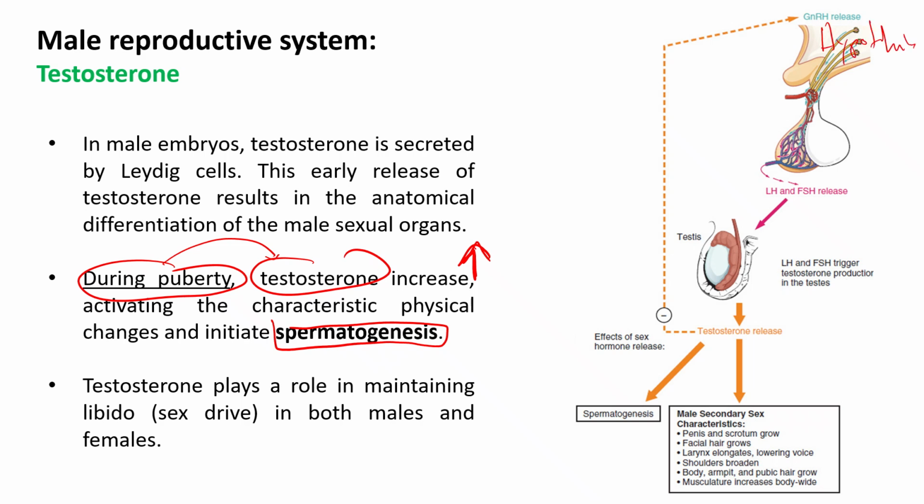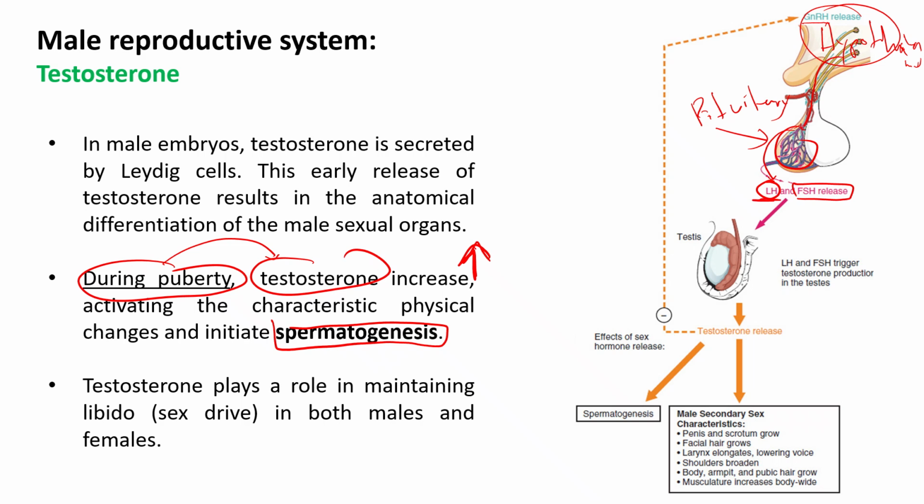The hypothalamus is the area in the brain that releases gonadotropin releasing hormones, which then stimulate the pituitary gland. The pituitary gland then releases the two hormones, LH, luteinizing hormone, and FSH.